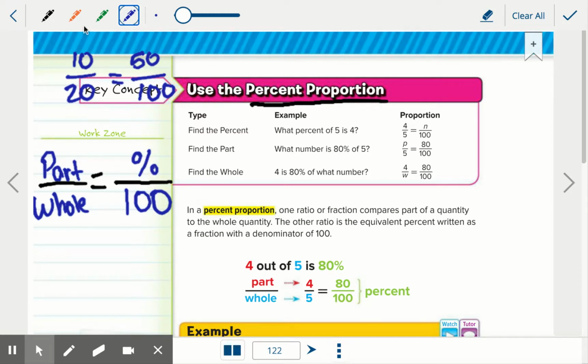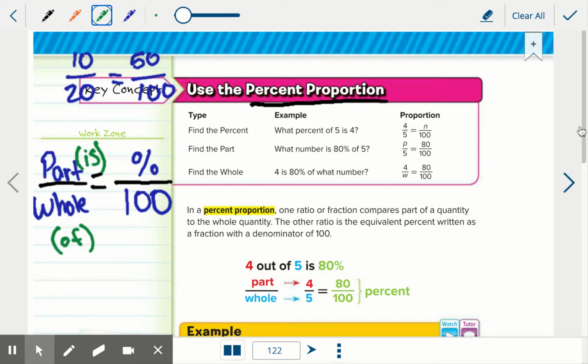And so I actually just realized I forgot. Sometimes we call the part and the whole something different. So we're going to write other names for it too. The part, sometimes we call it the is. And I'll explain why in a minute. And the whole, sometimes we call of. Is over of. And that's because the whole usually represents what it's out of.